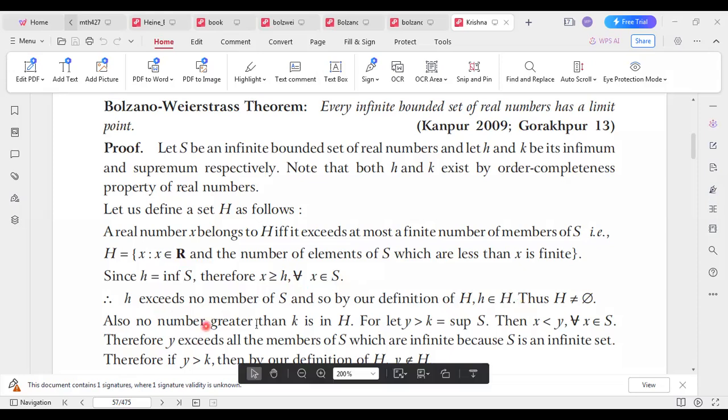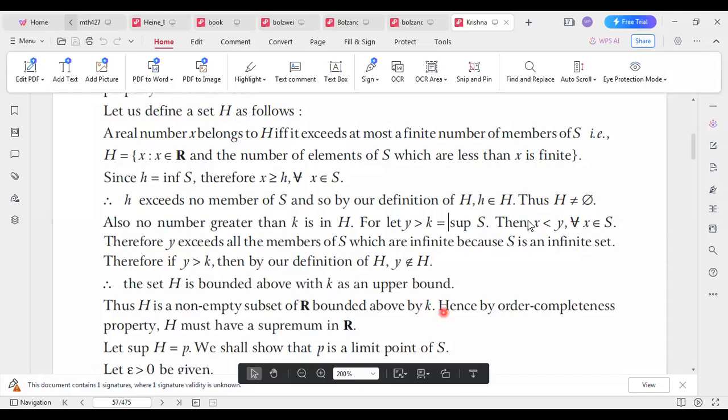Also, no number greater than K is in A. Let y be greater than K, which equals the supremum of S. Then x is less than y for all x belonging to S. Therefore, y exceeds all the members of S, which are infinite because S is an infinite set.